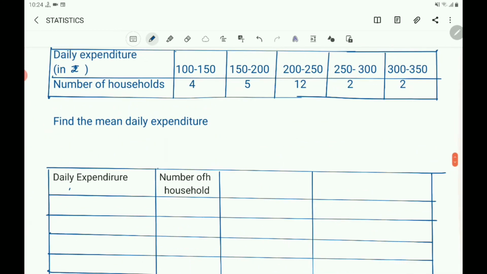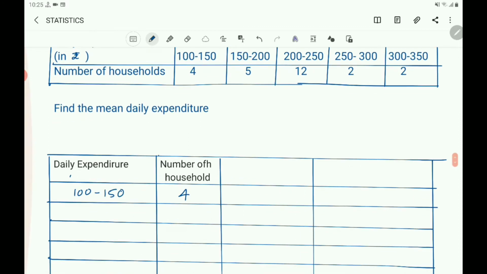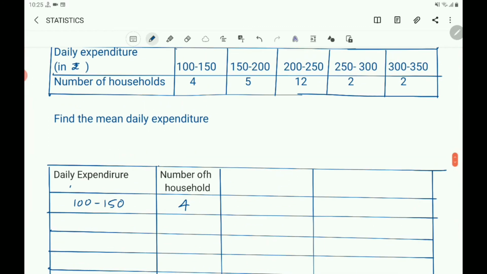Now the first one you write, that is 100 to 150. How many families? 4 families, 4 households.